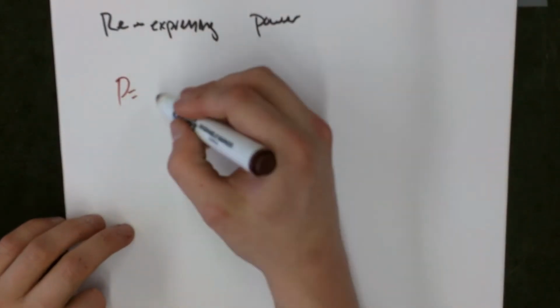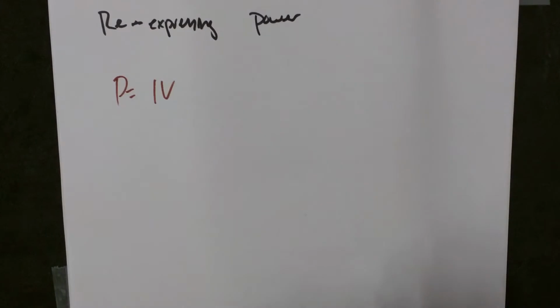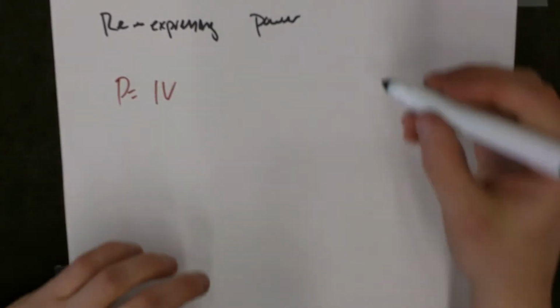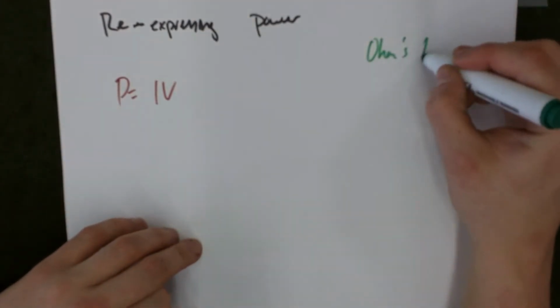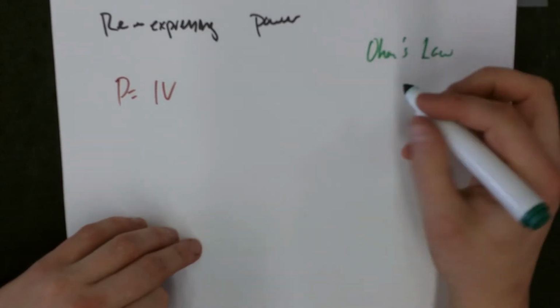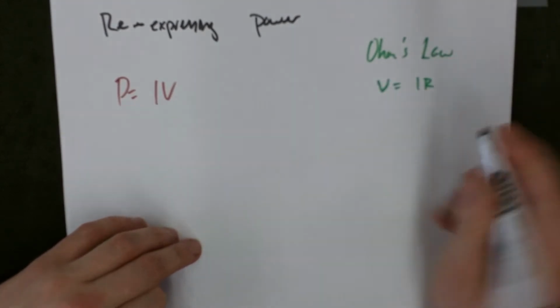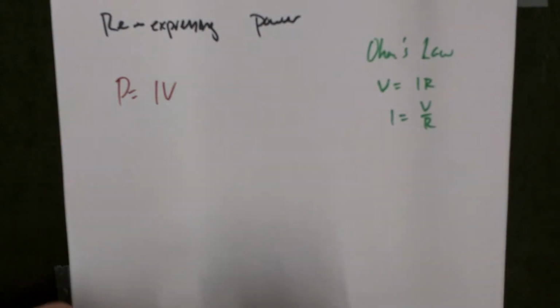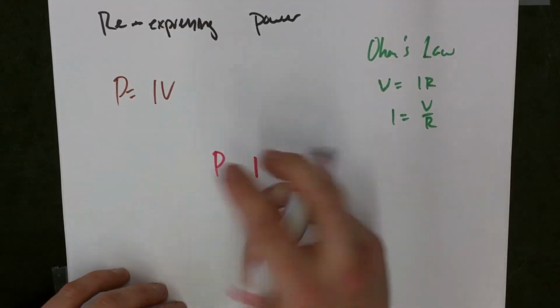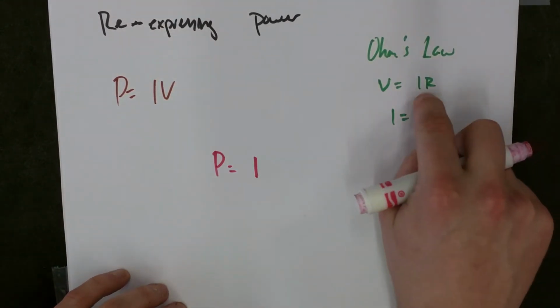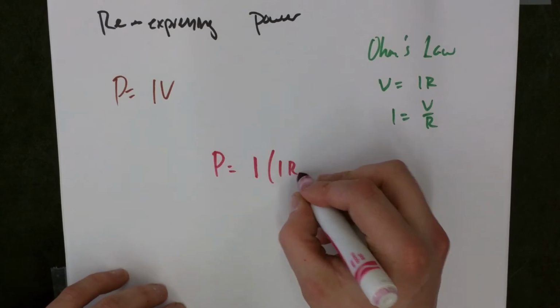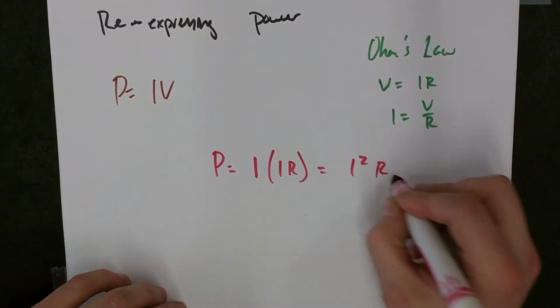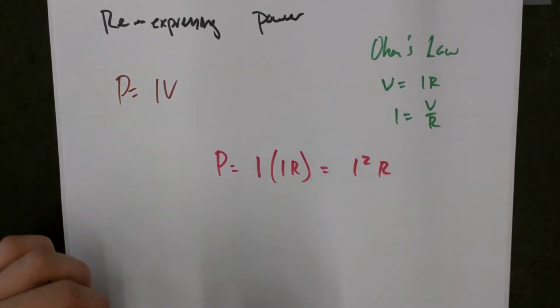We have our power equation, which is I times V, and we also have Ohm's law, which is V equals IR. I just rearranged that from V over R. So power then is I times V, but instead of V, I'm going to plug this in here and say that it's I times IR, which is I squared times R.